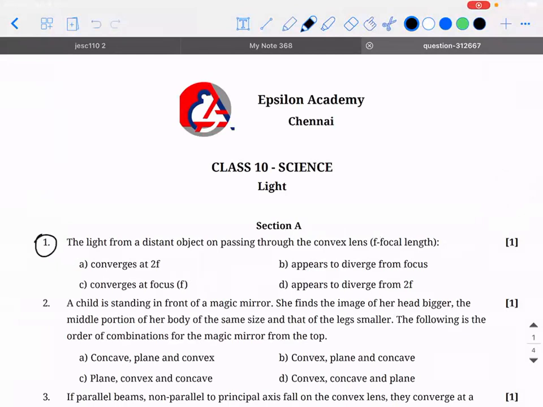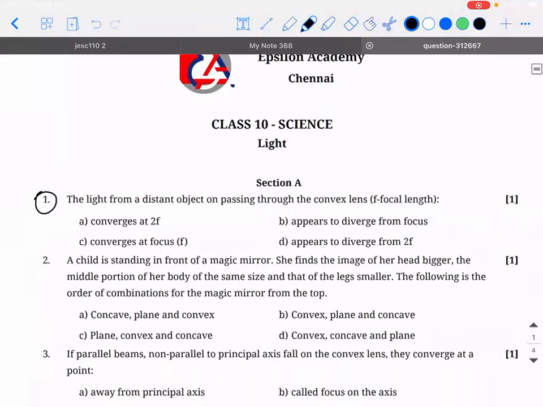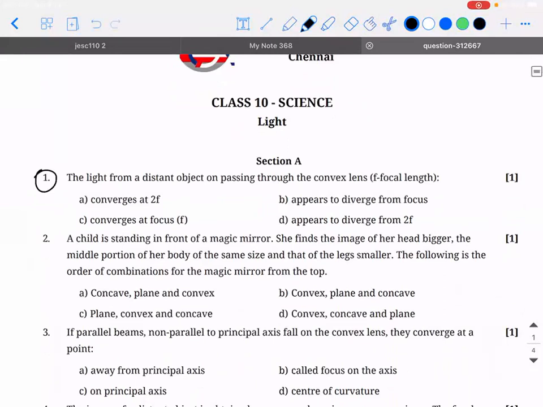So right, what is the answer? First answer. The light from a distant object. What do you mean by distant object, guys? Where is the object placed? At infinity. Very good. So when you talk about a distant object, on passing through a convex lens of focal length f, it converges at 2f, appears to diverge from focus, converges at focus, or appears to diverge from 2f. What is the right answer?